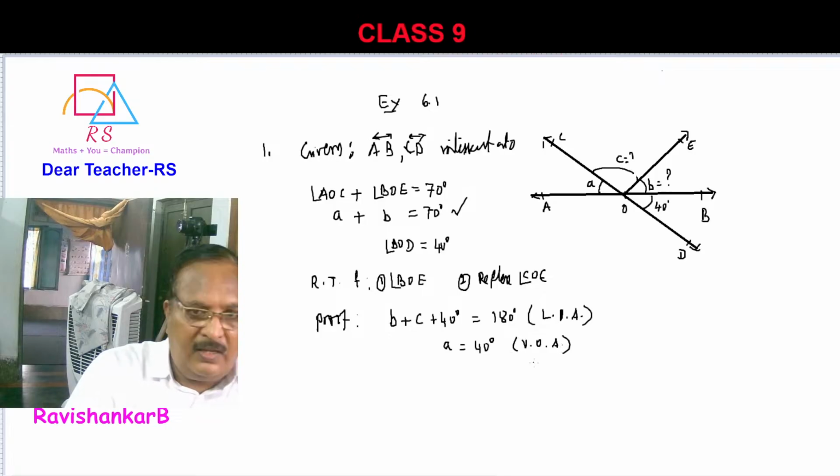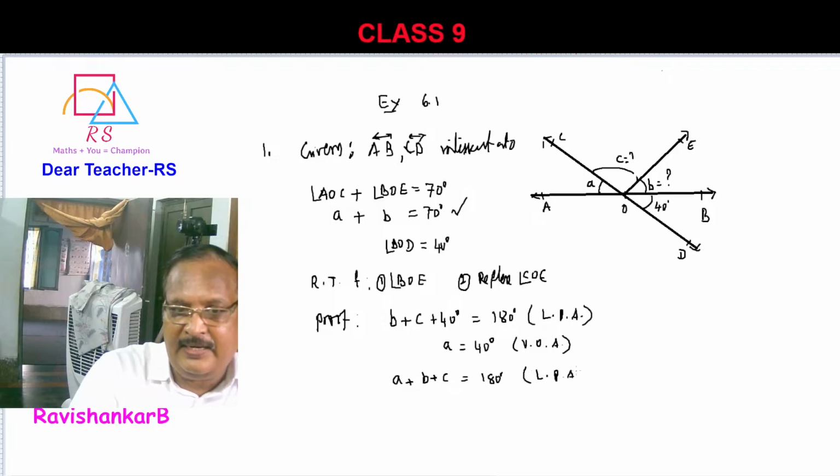There is one more thing: a plus b plus c is equal to 180 degrees. They are also on the line, so this is also a linear pair. Ultimately, we need to find out b, and we need to find out c.